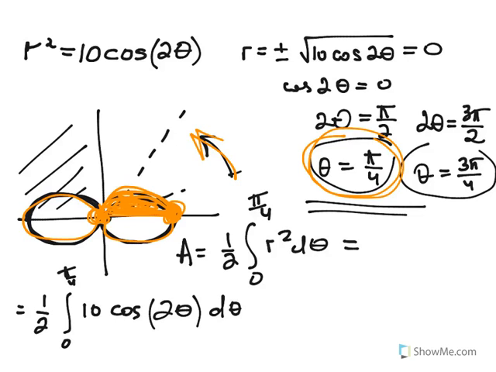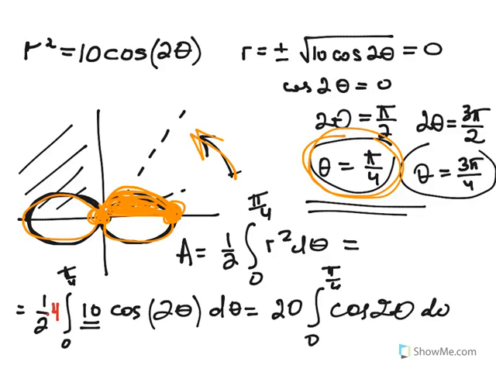You know what, you can just multiply by 4 now, right here. So this way you get 2, actually 20, because if you take this 10 and pull it out, you get 20. And then you can integrate this easily, and you will get your answer, which I think is A. I believe so.